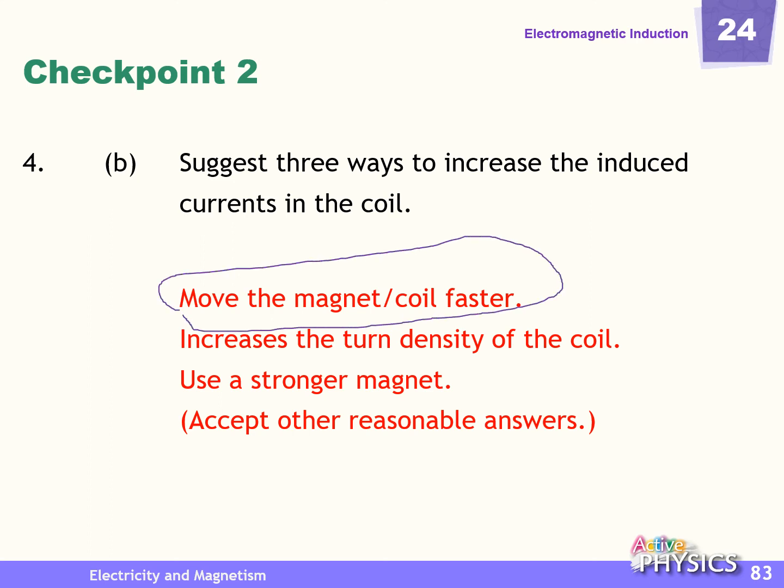Increase the turn density of the coil. Use a stronger magnet. So move the magnet faster.